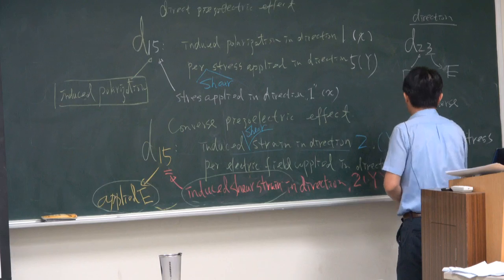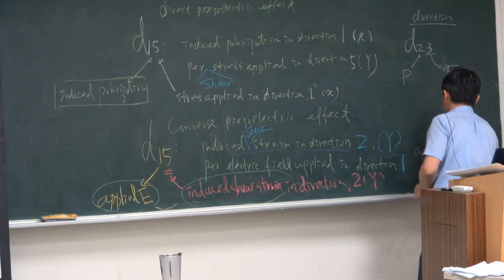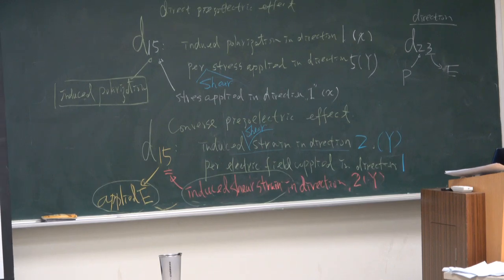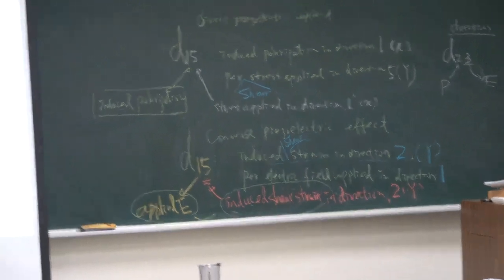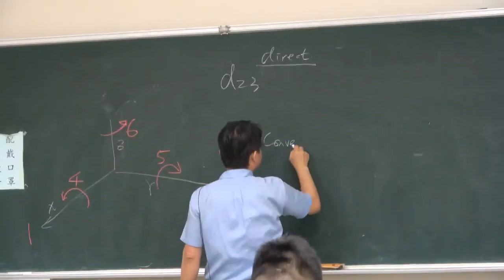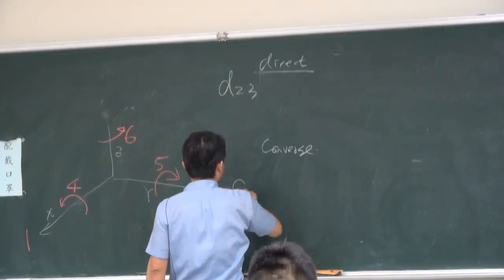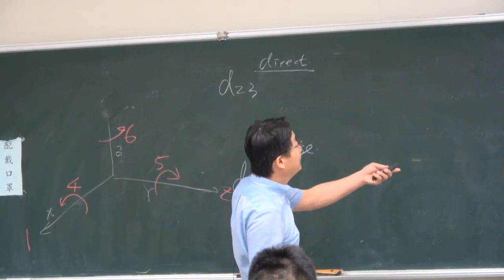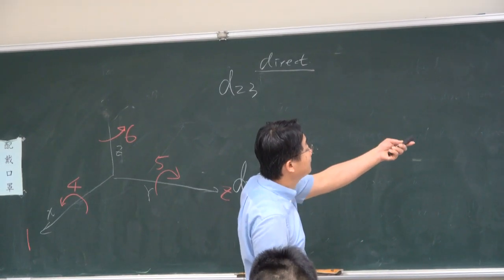Let me write it. D2,3, the red. Okay, you can take this as an example.